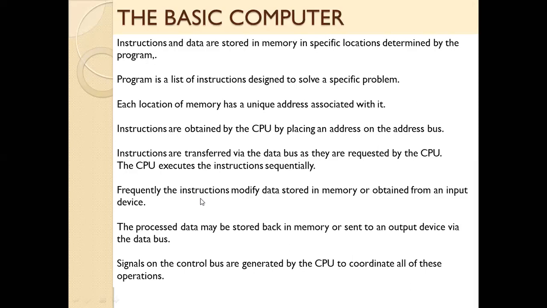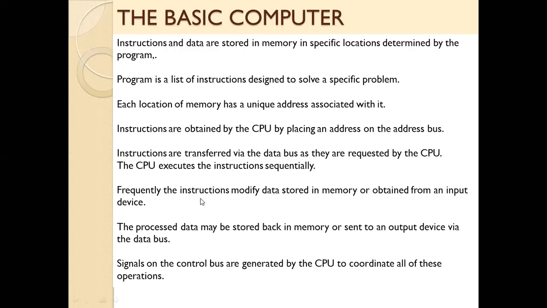The microprocessor or the central processing unit will obtain those instructions by placing the address of those instructions on the bus, and then with the help of that address, the central processing unit can obtain those instructions. Instructions are transferred via the data bus as they are requested by the central processing unit.